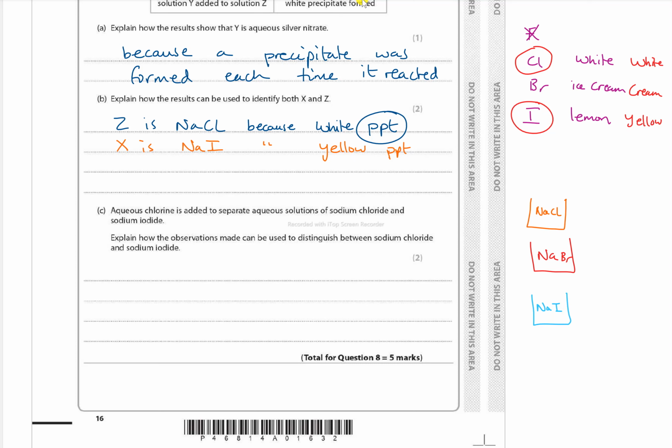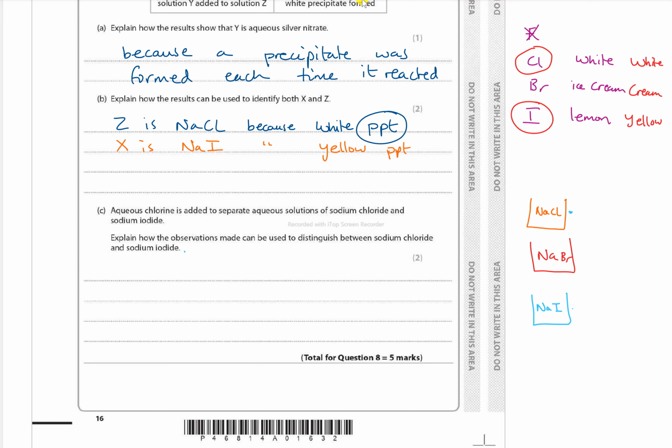Right, what you would do is, how can you decide? Sodium chloride, sodium iodide.